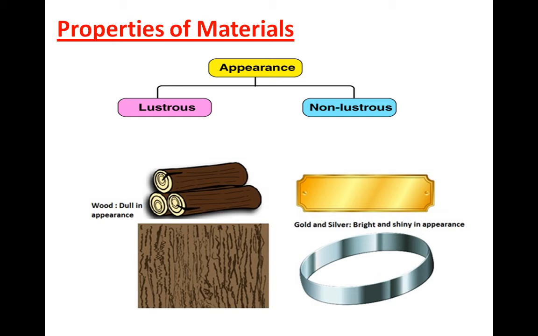If you want to cook or boil something, you need heat, and that heat passes through metals. That's why metals are good conductors of heat, and for this reason we use metal for making our utensils. We are not using plastic, because when we apply heat, that plastic will melt. That's why we consider the properties of the material.